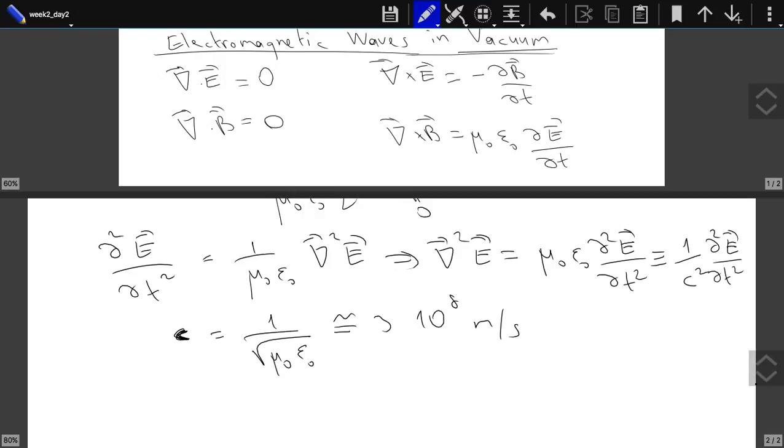No, just check the units. You see, the electric field is the same in both places. From here to there, I just multiply both sides by mu 0 epsilon 0 so that the Laplacian of E has coefficient 1.